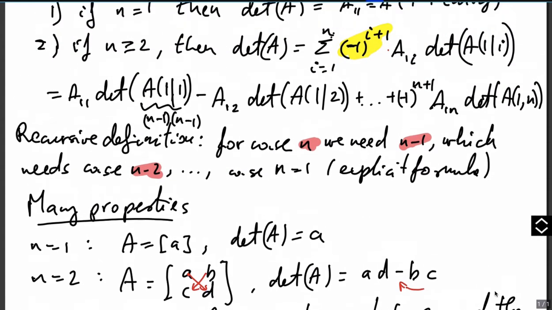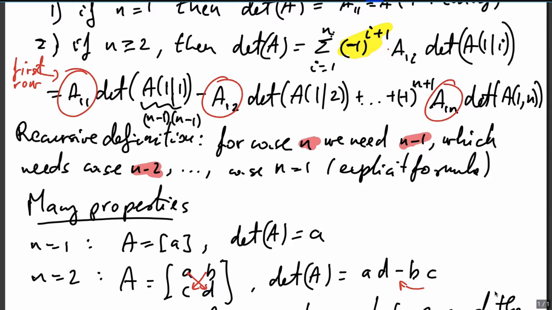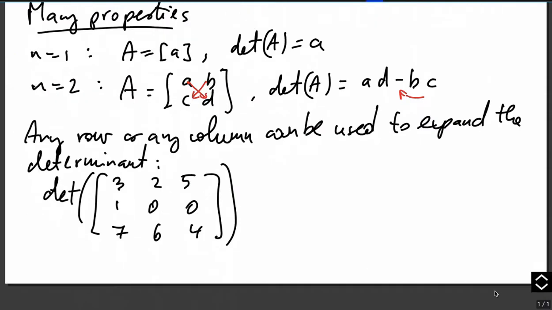In fact, this definition was using the first row entries, and there it had alternating sign, plus, minus, plus. But if instead of the first row we use the second row, then the alternating sign would continue. So minus, plus, minus, then again plus, minus, plus. So there is alternating sign everywhere.